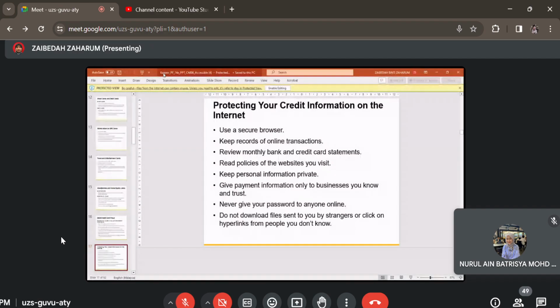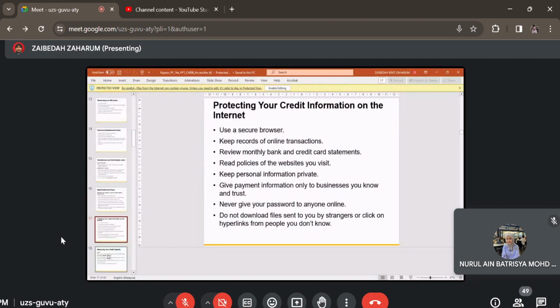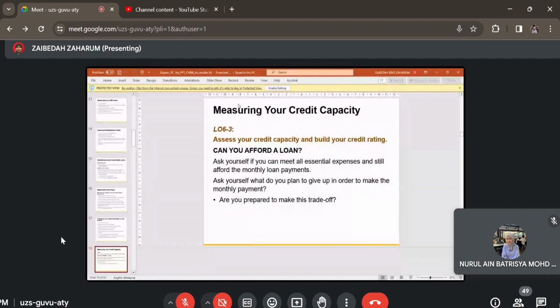And then review monthly bank and credit card statement, read policy of the website you visit, keep personal information private, and then give payment information only to businesses you know and trust. And then never give your password to anyone online lah. And then do not download files sent to you by stranger ataupun click on hyperlink from people you don't know. Itu yang penting. Okay. Alright.